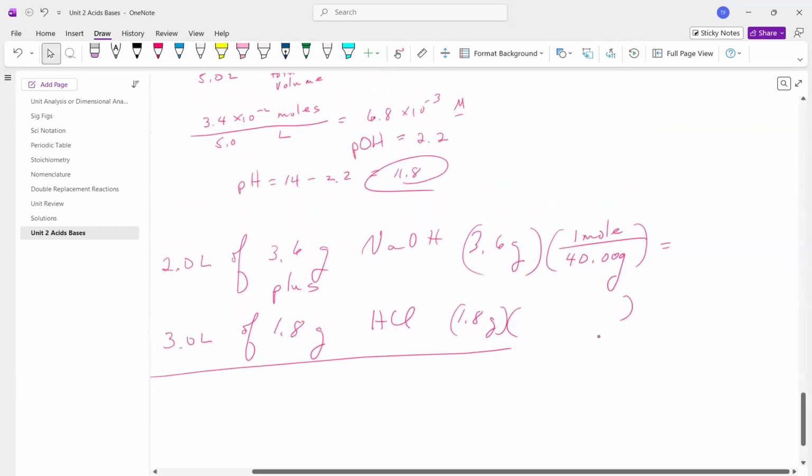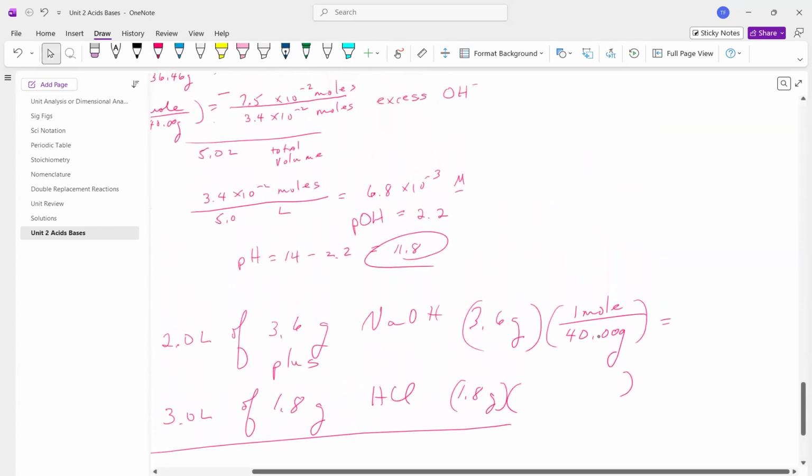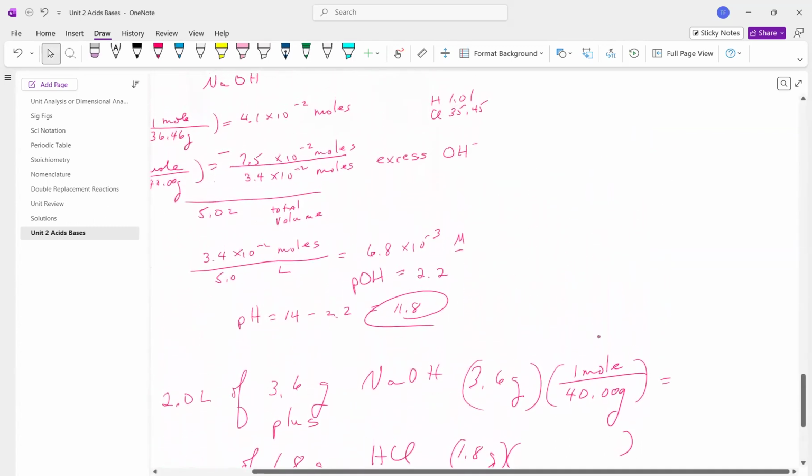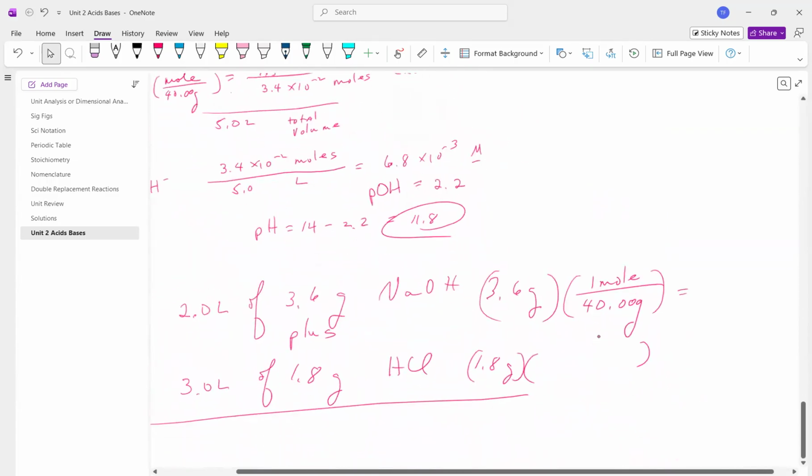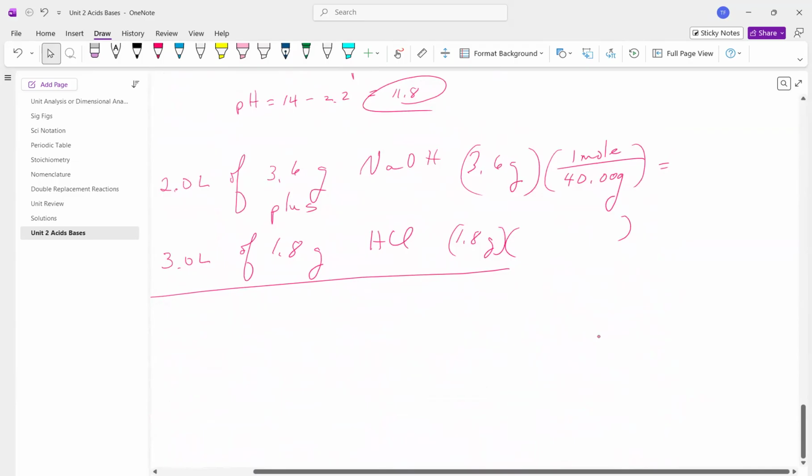I'm pretty sure mine's 2.8. It's close enough, I think it's rounded correctly somewhere. That's the right step.